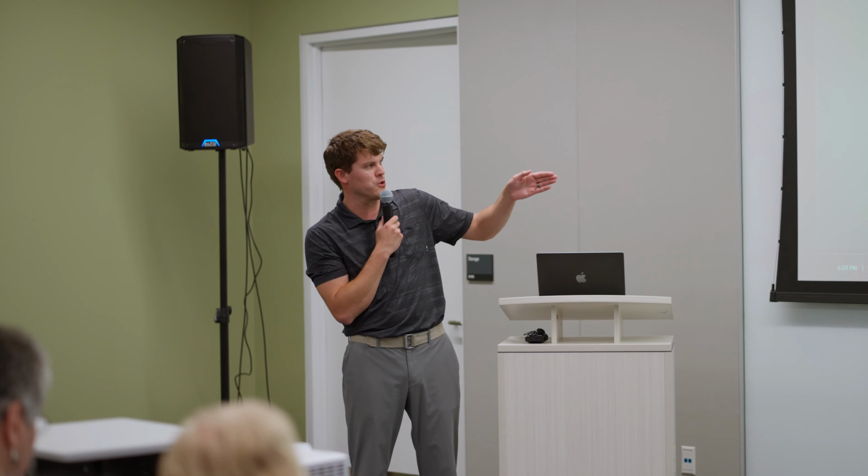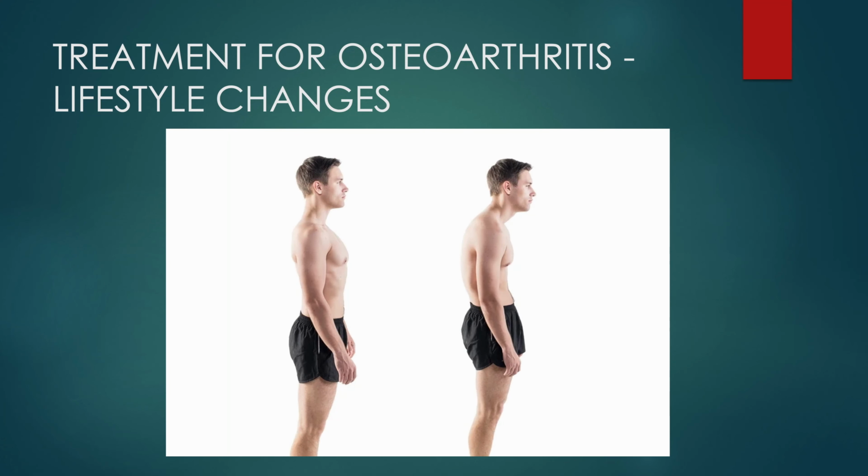And this is true. This is an example I wanted to show for the shoulder. If you have arthritis in your shoulder and it hurts when you're doing overhead activity, you're reaching, lifting, pulling, that sort of thing. The person on the left here, when you're standing with a straight back, shoulders back, put the joint at a good biomechanical position. That's going to allow you to put the joint through its full range of motion with less pain.